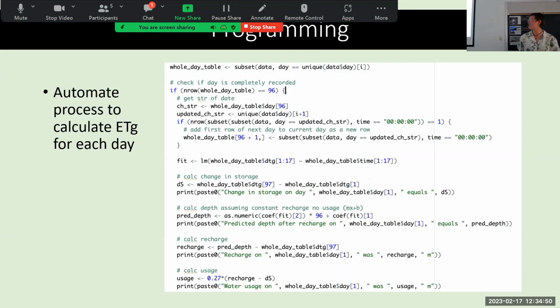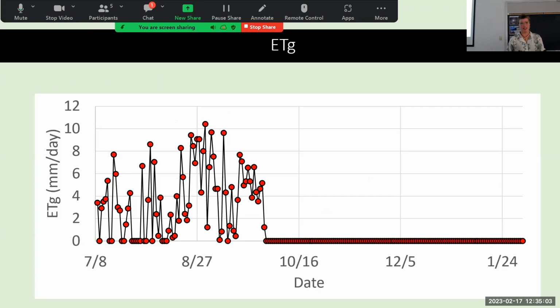So I can't do that for every day for however many months that was. So we automated the process to calculate the groundwater component of evapotranspiration for each day. And doing that, we get this.